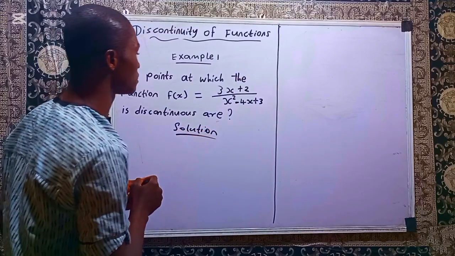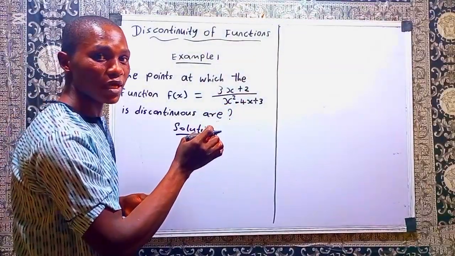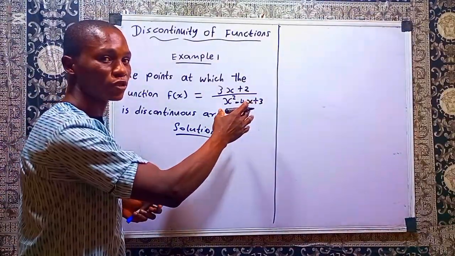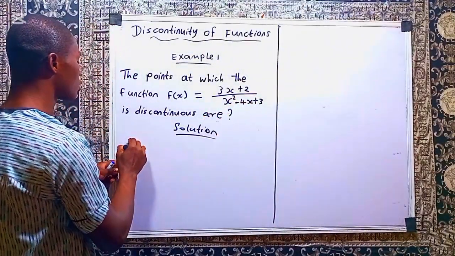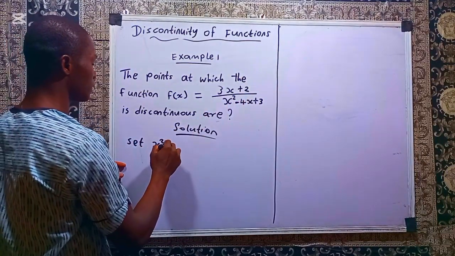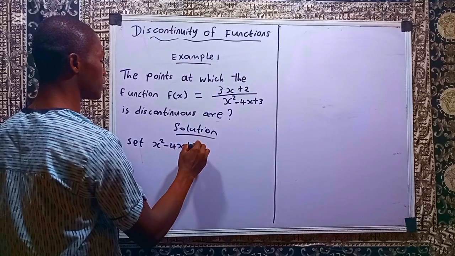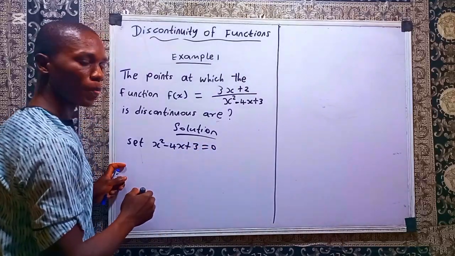So we go like this. Let's start the solving. I know that the points of discontinuity are those points that will make this denominator 0. So I'm going to set the denominator, x squared minus 4x plus 3, equal to 0 and solve.